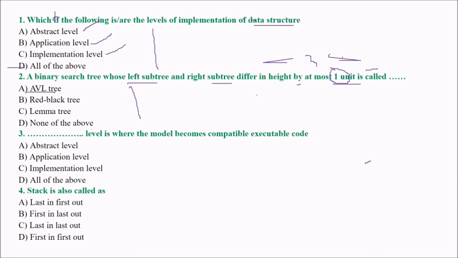Because the property of AVL tree is that the difference of height of left subtree and right subtree can only be -1, +1 or say 0. If it is more than that or beyond these values, then the AVL tree needs to be balanced.